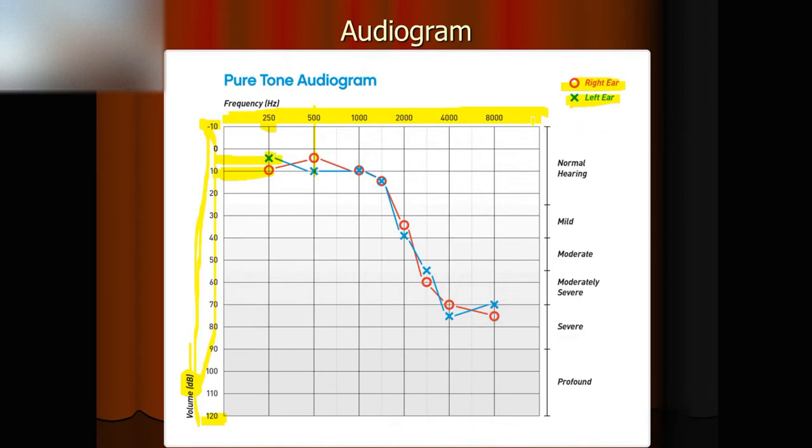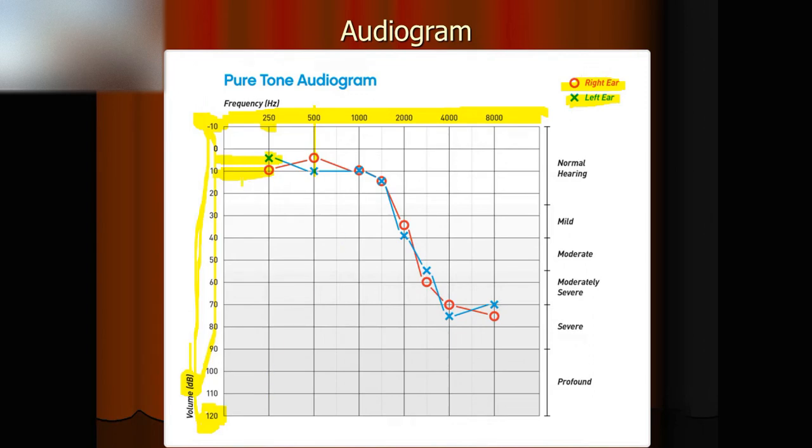The critical point is to categorize the degree of hearing loss. As we mentioned, the degree of hearing loss goes from minus 10 dB to 120 dB. Minus 10 is best hearing, 120 is the most severe hearing impaired.